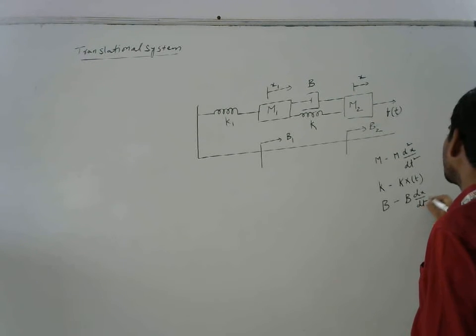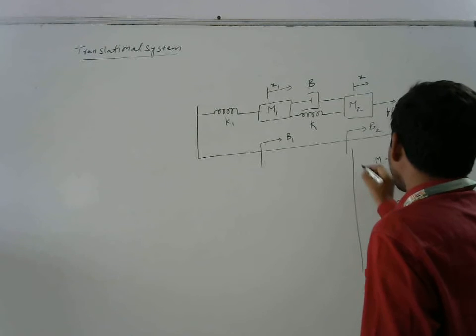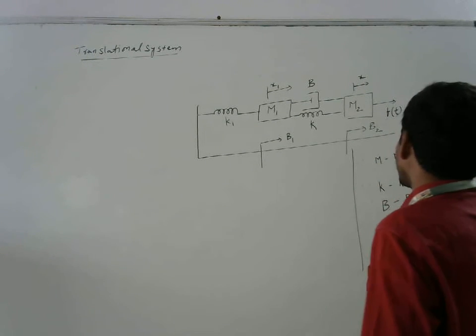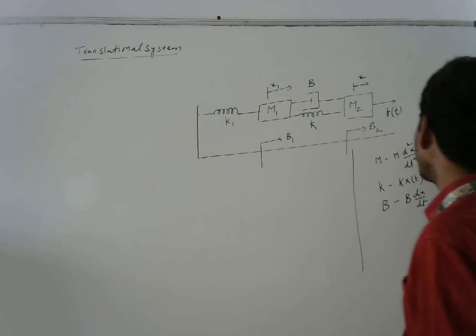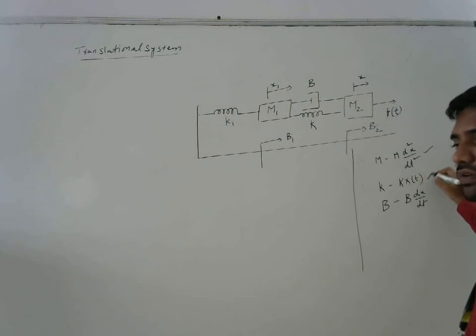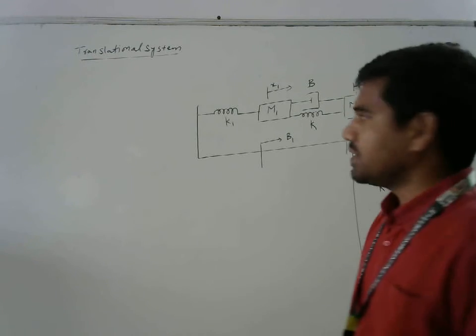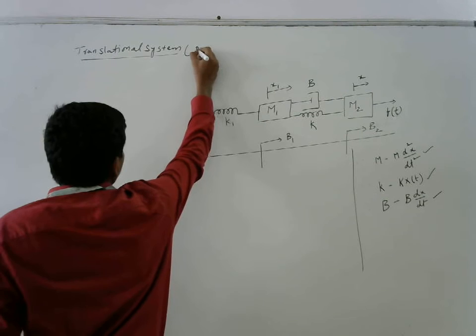Just for reference, I am reviewing what we discussed in the last class: m into d square x by dt square, k into x of t, and b into dx of t by dt. We discussed translational system problems.